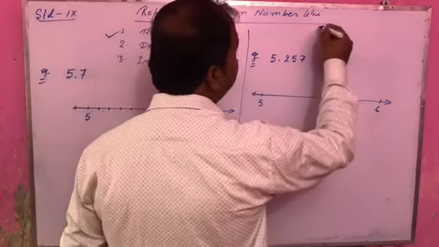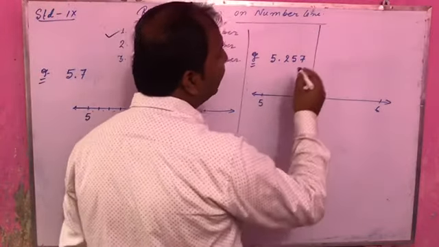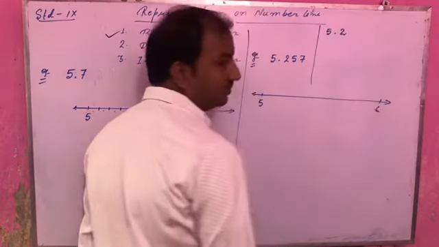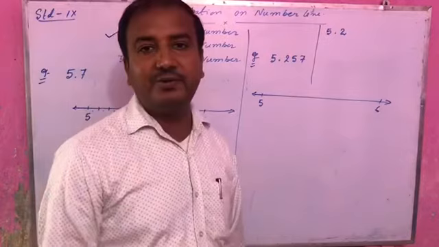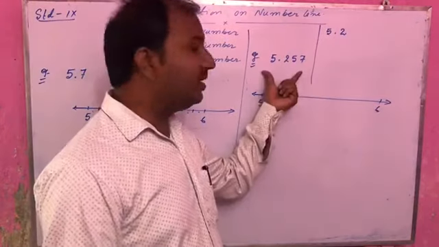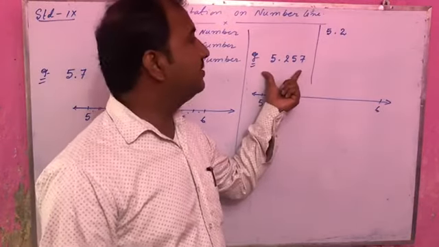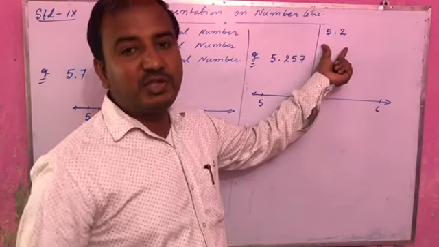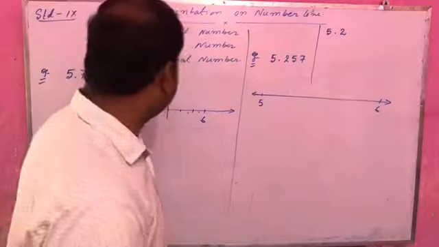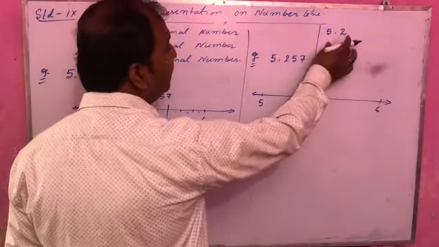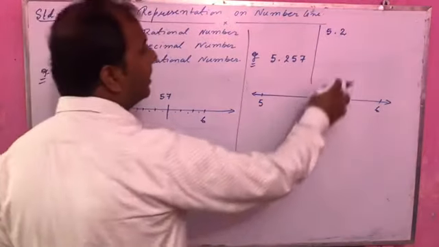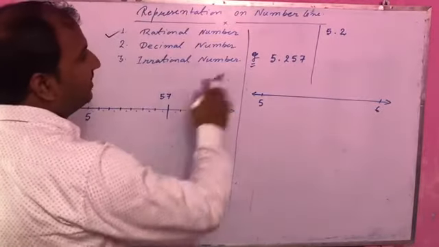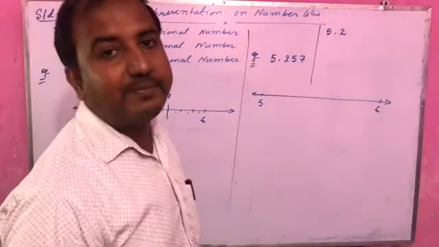See, what you have, actually you have 5.2. Your 10th place is 5.2. Means the number must lie between 5.2 and just after 5.2. So after 5.2, we will get 5.3.